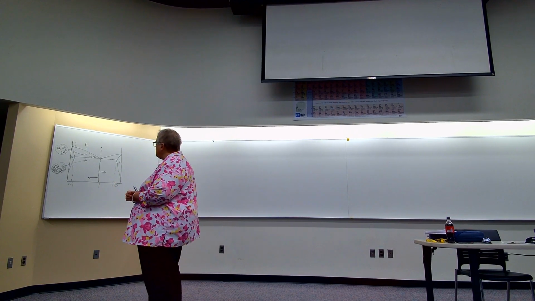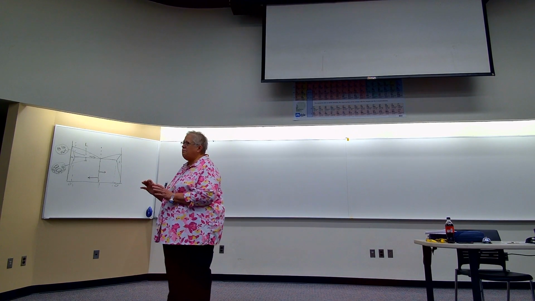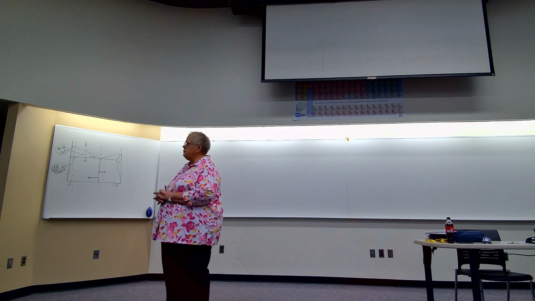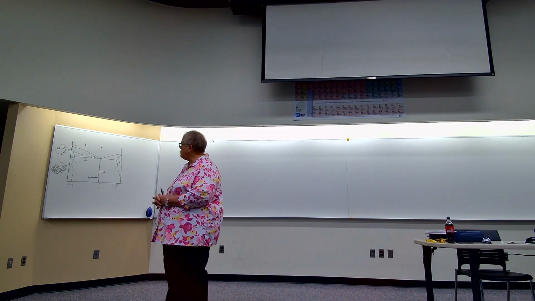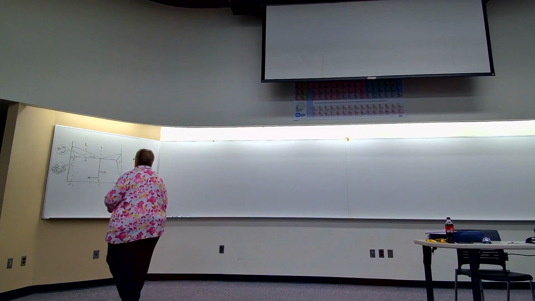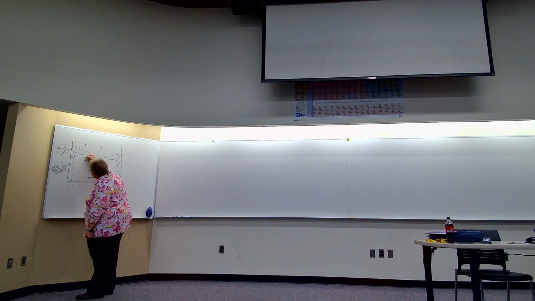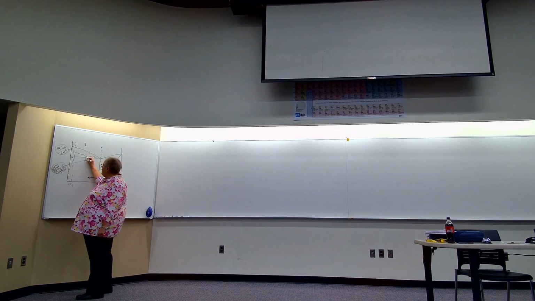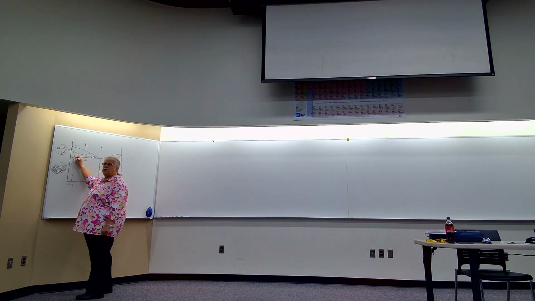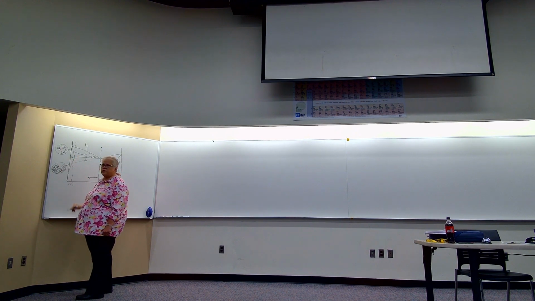So I don't want to muddy it. Maybe this will make sense. When I'm right here, I know the composition of the alpha, right? I know the composition of the pro-eutectic alpha. That's the composition of the pro-eutectic alpha here.